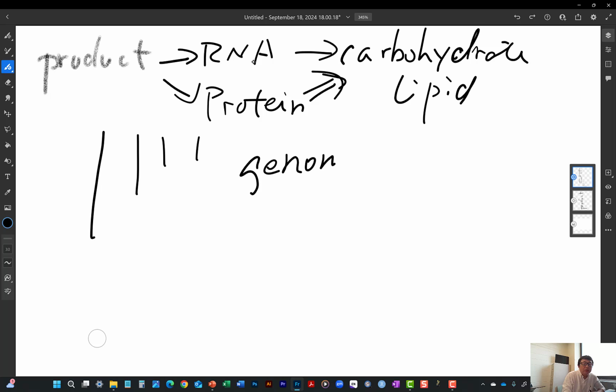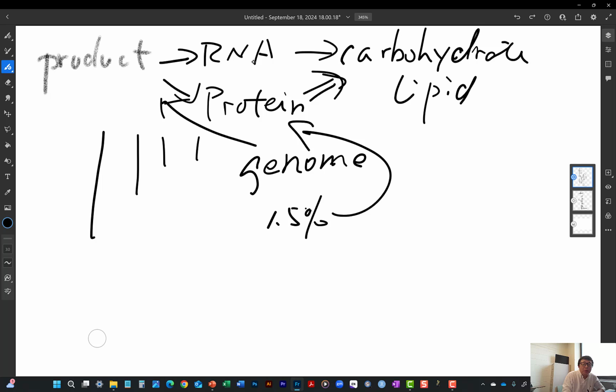In the genome, only a small percent is actually a gene with a product. Particularly, only 1.5% is protein coding. Most of those genes are proteins. Some of those are RNAs, which we can talk about later. For the rest of the genome, what the functions are, we'll talk about later also.